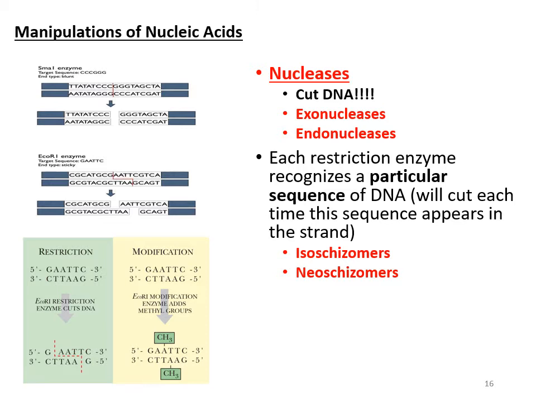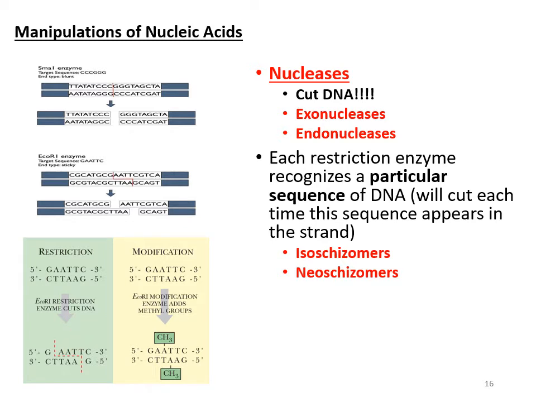For instance, one may cut the sequence after the G, whereas the other enzyme, the neoschizomer of that first one, will cut after the A. So they both recognize the same sequence, GAATTC, but they cut at two different places.